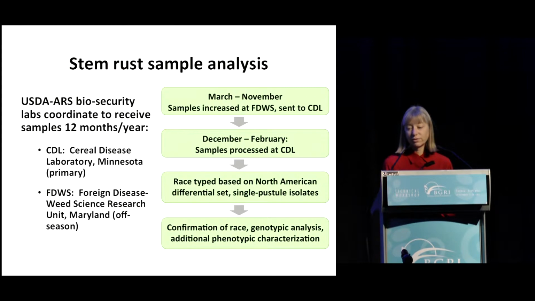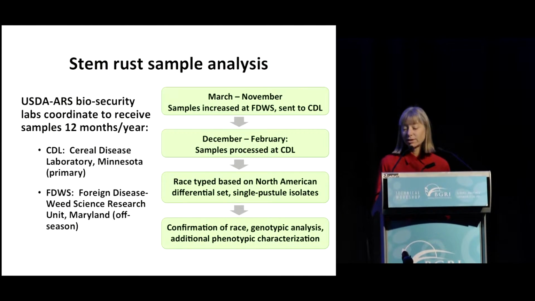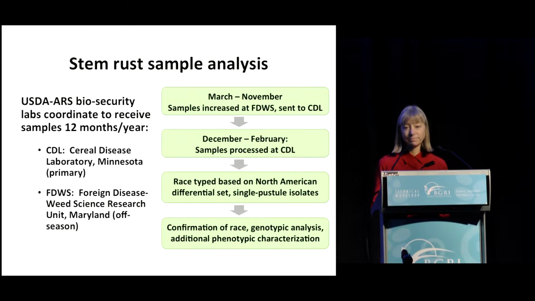Here's an overview of our stem rust sample analysis process. 2 USDA biosecurity labs coordinate to receive samples 12 months during the year. The primary lab is a cereal disease lab in Minnesota, and this is where the race identification and other analyses occur.